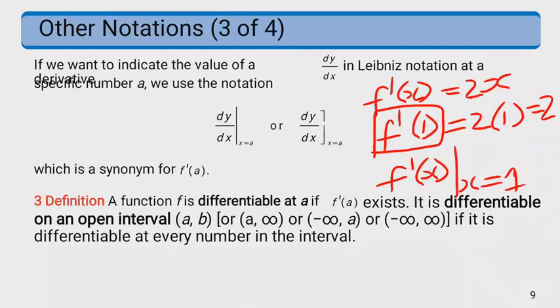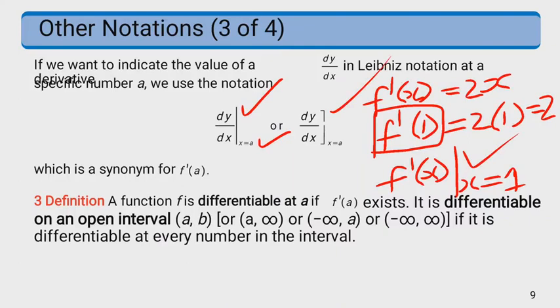So once you see this notation, it means after getting the derivative, you need to evaluate the derivative at that point. Sometimes we can say find dy/dx, and after getting dy/dx, evaluate that derivative at x equal to a. That's what you'll see most of the time, which is some kind of a notation that we'll use.